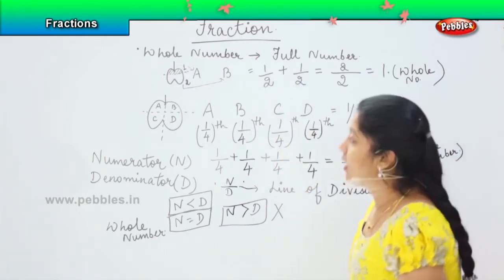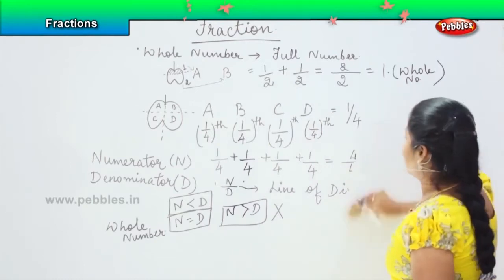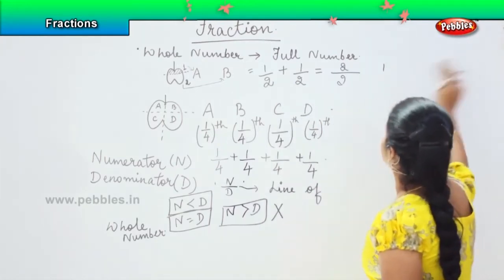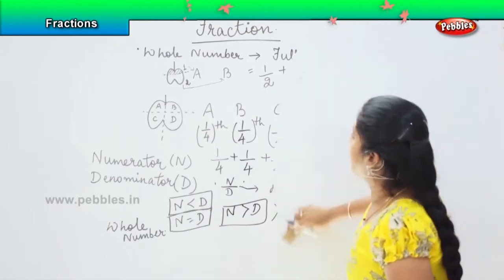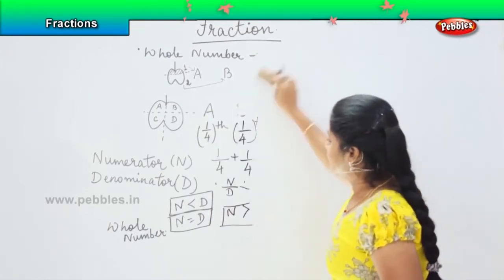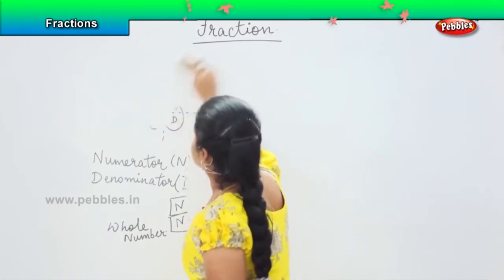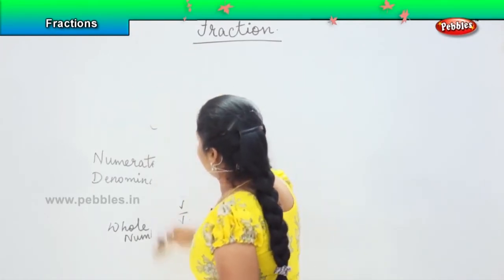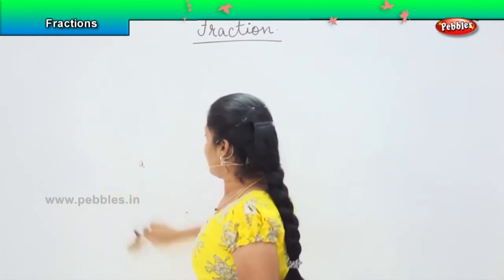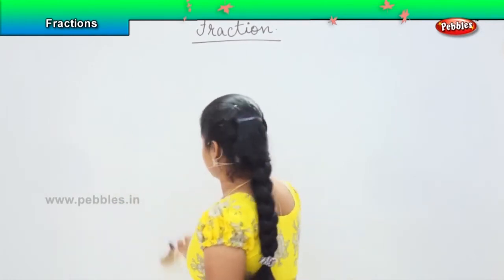Okay. So now I am going to teach you basically what numbers come in the numerator and what number comes in the denominator. Okay. So if you see, I said earlier that I will be dividing the particular object based on the number of persons present or the requirement. I will not just divide it randomly, right?